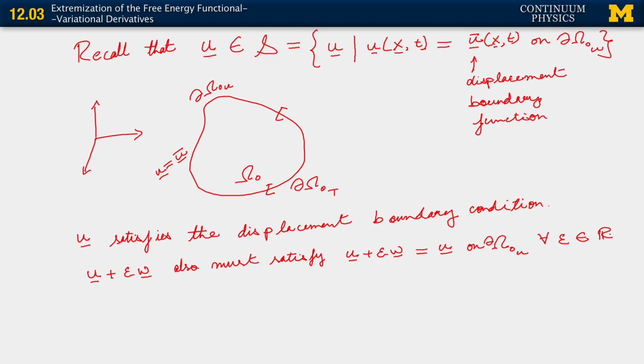Epsilon is a scalar. For any value of epsilon, it has to satisfy it. But what does this mean? What this means is that W must be equal to 0, dead 0, on the displacement boundary.